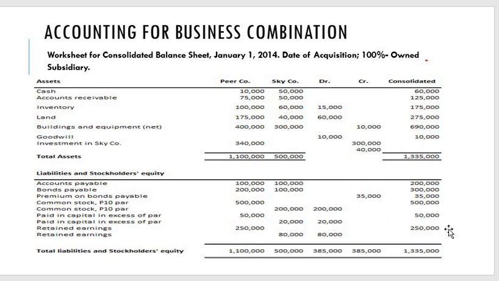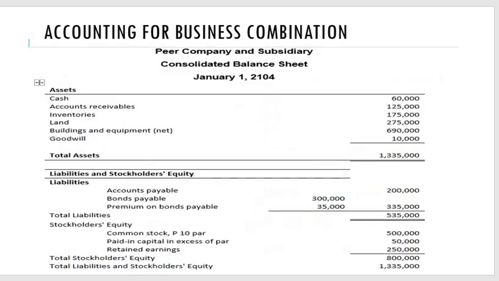Okay? So, therefore, in the consolidated column, we have total assets of 1,335,000 and total liabilities and stockholders' equity amounting to 1,335,000. Okay, so in the consolidated column of our worksheet, we can actually prepare a consolidated balance sheet. So if we prepare the consolidated balance sheet as of the date of acquisition, you may refer to the consolidated column of your worksheet.